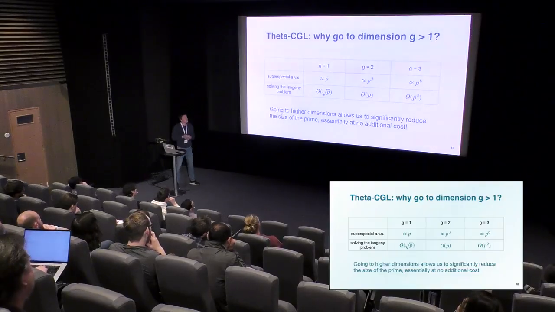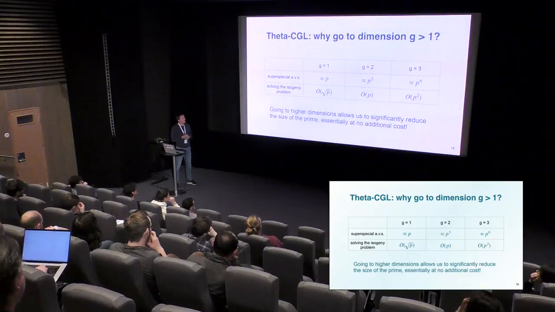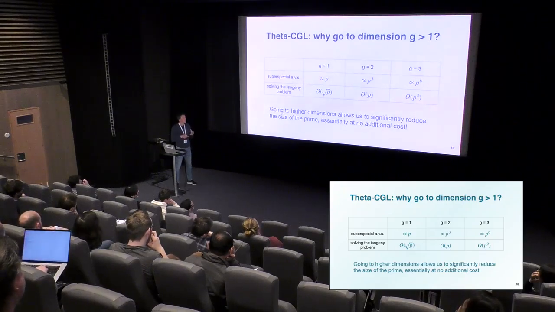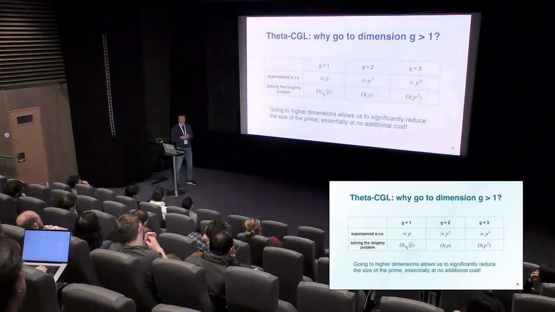And the question is, why go to higher dimensions if this was already possible in dimension 1? Well, the reason is, when you go into higher dimensions, the problem of finding the isogeny between two abelian varieties becomes harder. And for this reason, you can use smaller primes for the finite field.